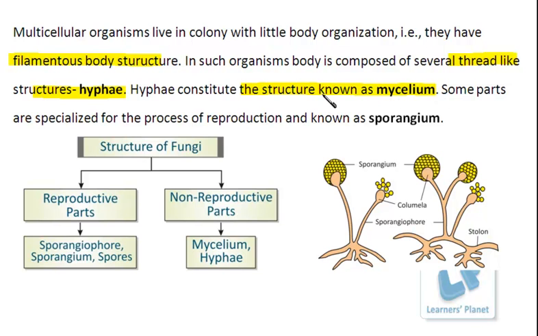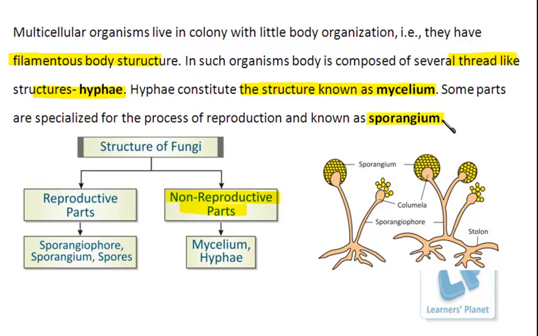The mycelium or the hyphae, these are the non-reproductive parts of the body of the fungus. Fine. And some of the hyphae or some of the mycelium have a developed structure over it, which is known as the sporangium.